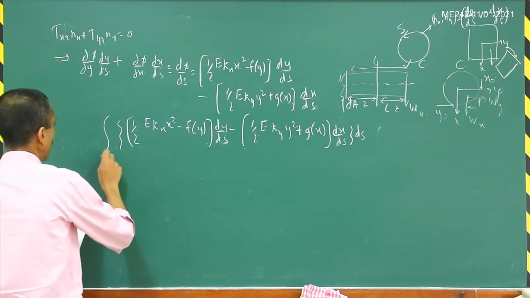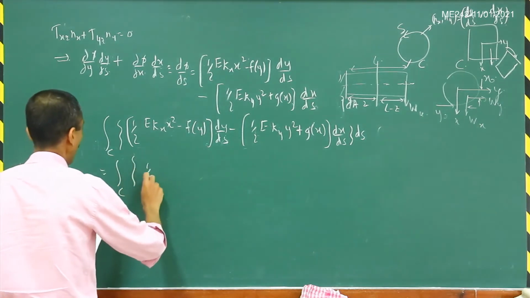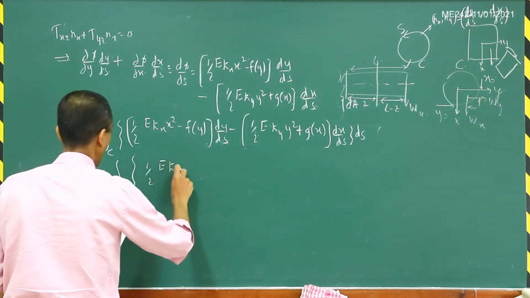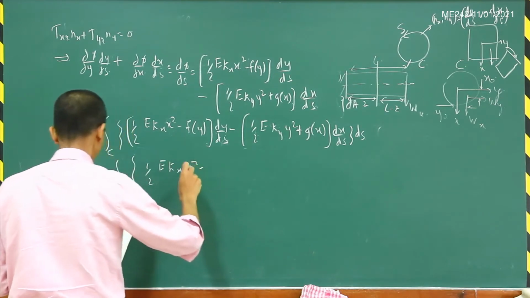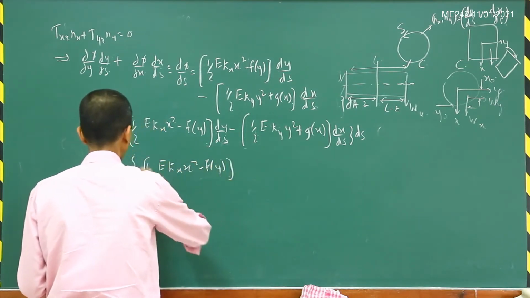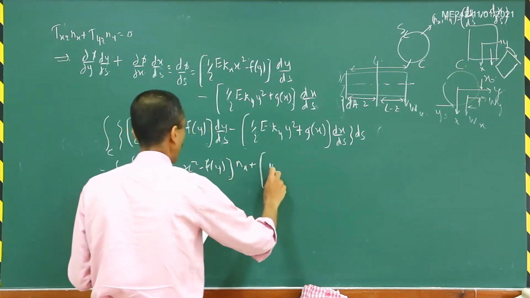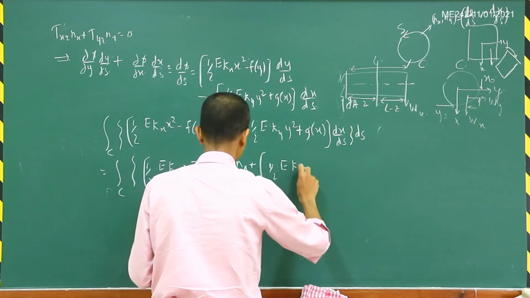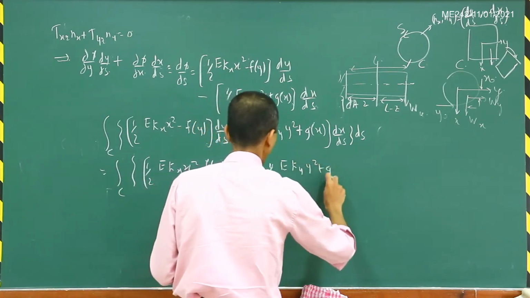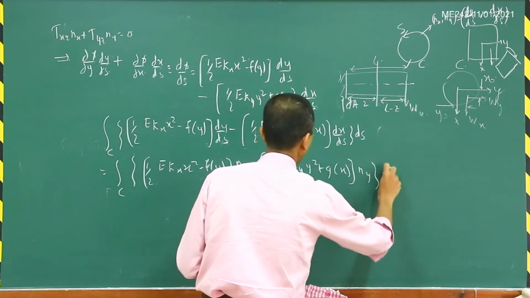So this is equal to the integral over C of half of E κx times (x² − f(y)) times nx, plus half of E κy times (y² + g(x)) times ny, times ds.